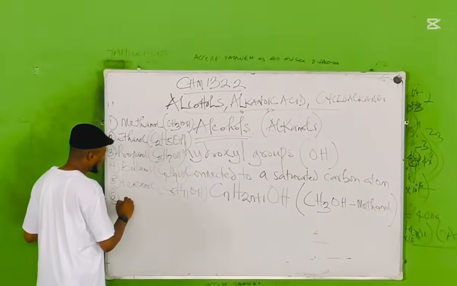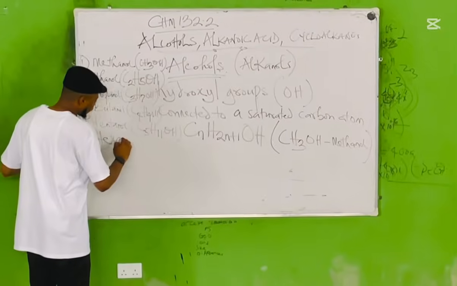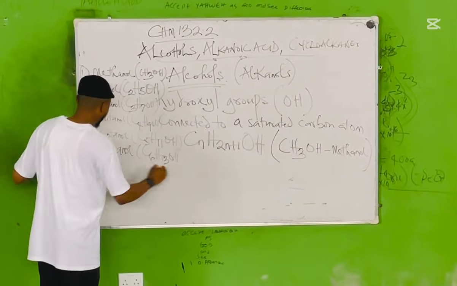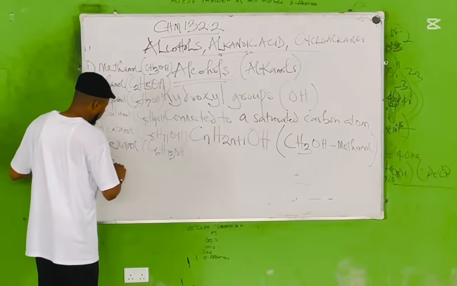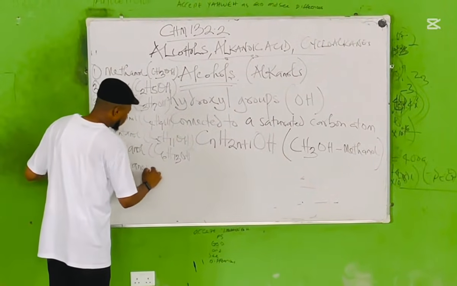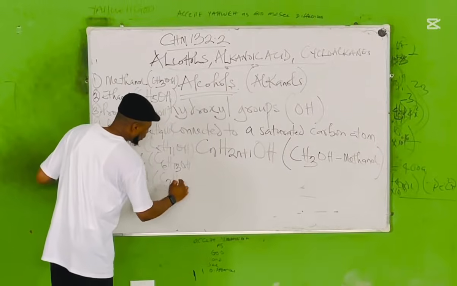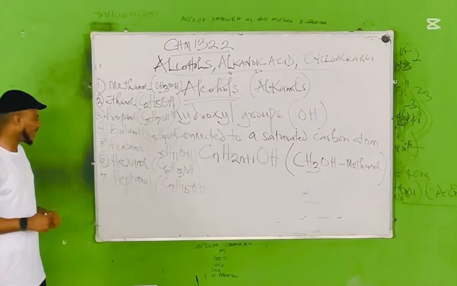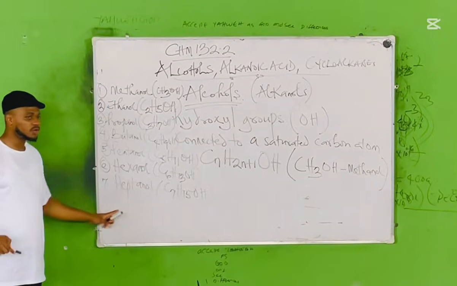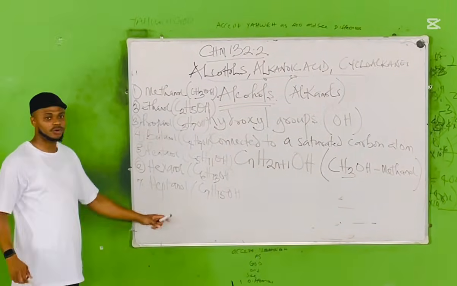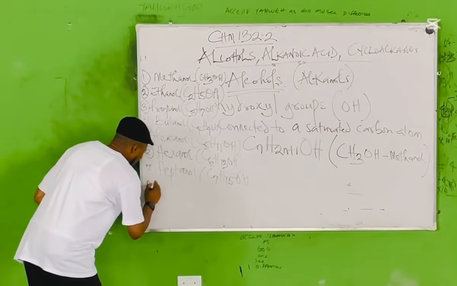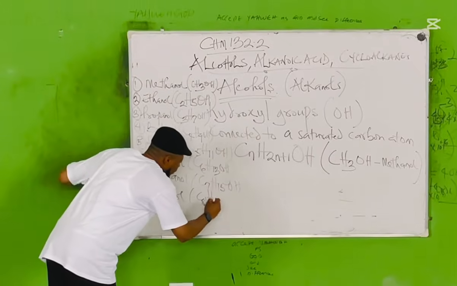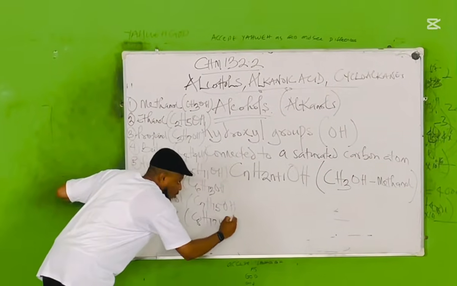Then we also have hexanol, which is C6H13OH. Then we have heptanol, C7H15OH. And the list continues. Alright? We have octanol, nonanol, and decanol. Octanol is C8H17OH.